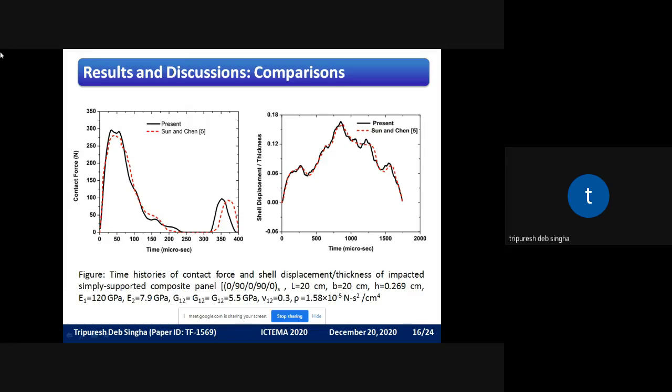Here the results of Sun and Chen and the results from our finite element method were compared. We have considered a plate of size 20 centimeter by 20 centimeter and thickness equal to 0.269 centimeter.